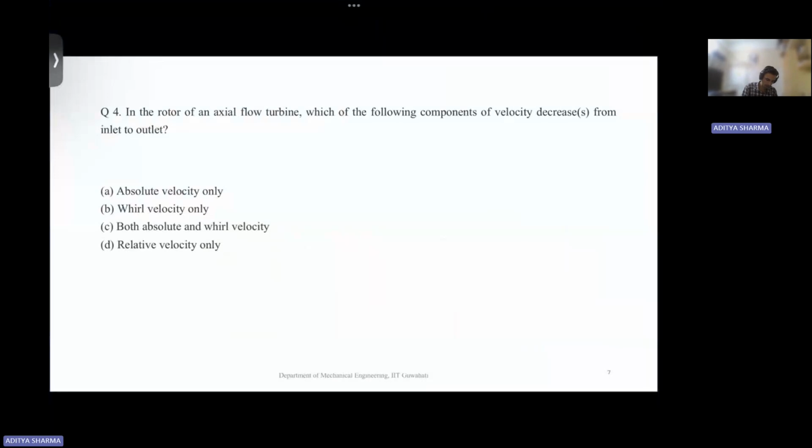So this is the right answer to this question. This was question number 4.